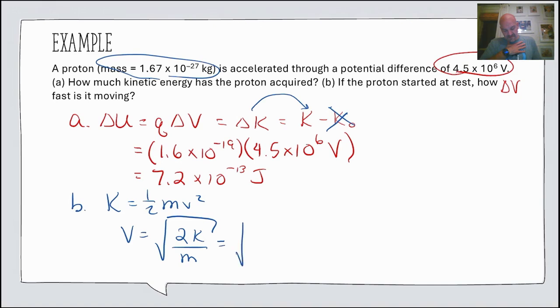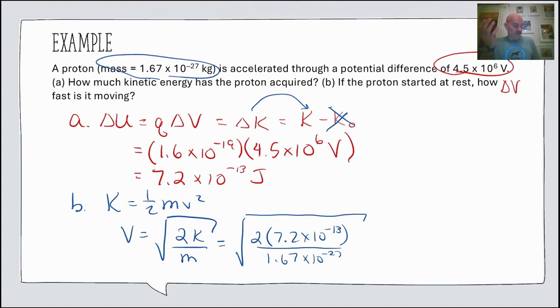So you get the square root of 2 times 7.2 times 10 to the negative 13 joules, divided by 1.67 times 10 to the negative 27th kilograms. Don't forget to take the square root, and that ends up being 2.94 times 10 to the 7th meters per second.